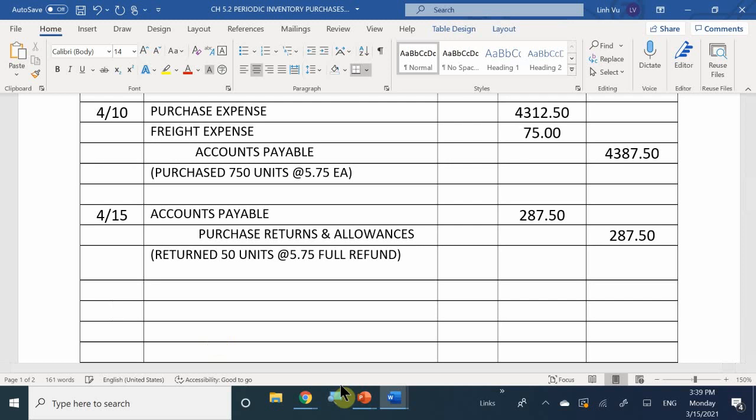We're going to do $1,200. Purchase expense for $1,200. My freight is $20.